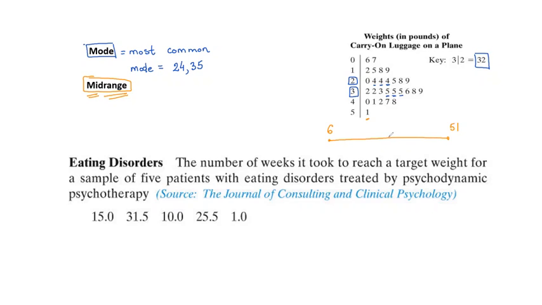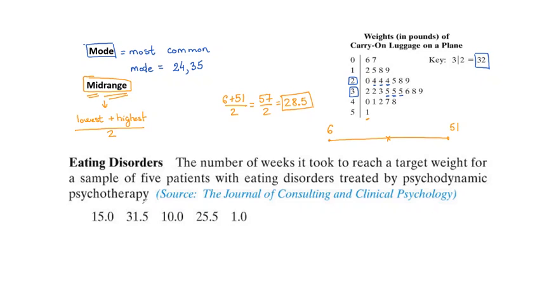So what will be considered the middle of the range is the midpoint between these two values. If you do the math, you will get 6 plus 51 divided by 2, which is 57 divided by 2, which is 28.5. This will be the mid-range. So for mid-range, you can write this down: lowest plus highest value, divided by 2.